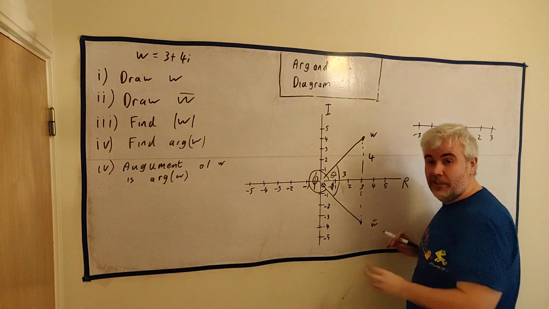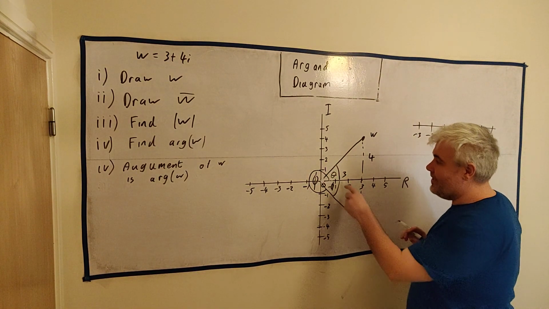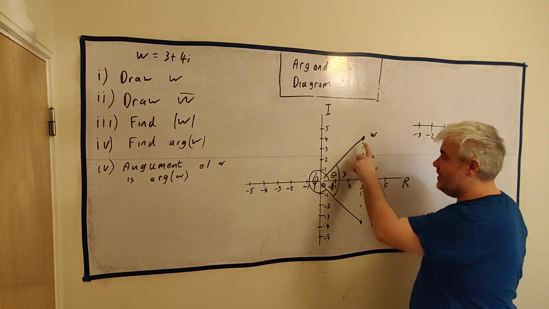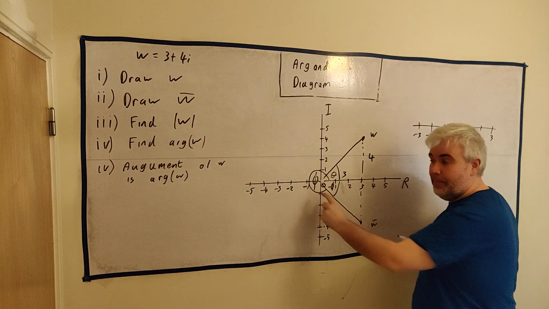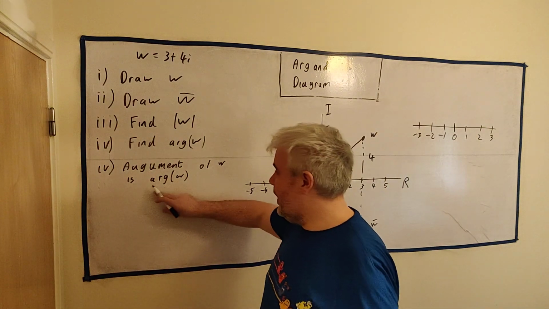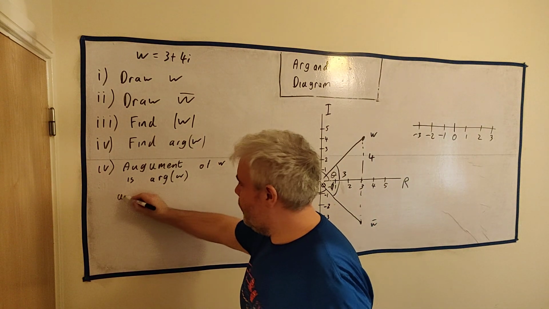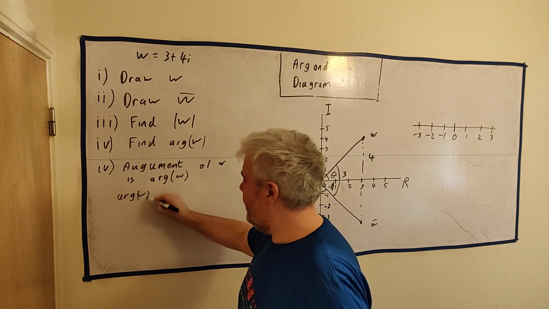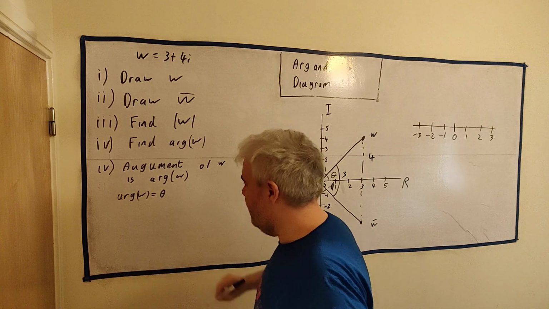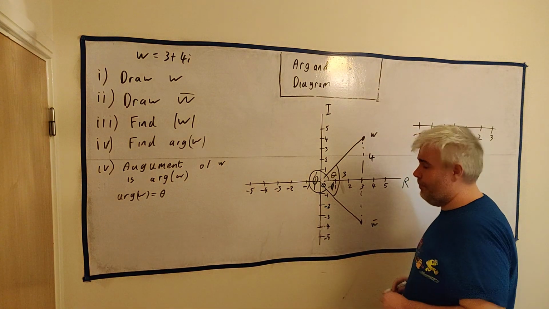Because how we get this angle, we use trigonometry. And that is the tangent of this angle is equal to the opposite divided by the adjacent. So we could get this angle in here, this theta. Let's write this first. The argument of W is equal to theta. Just to keep it simpler.